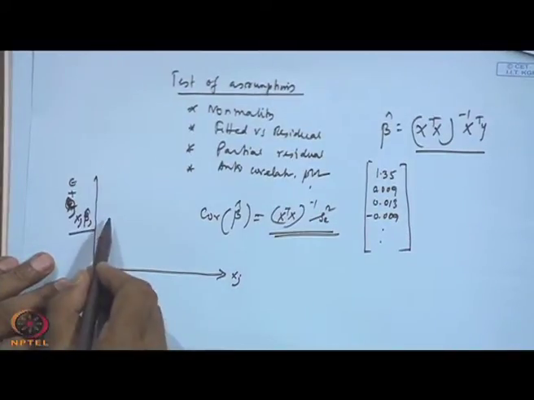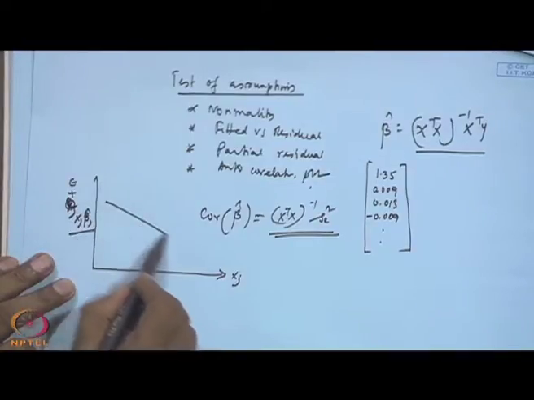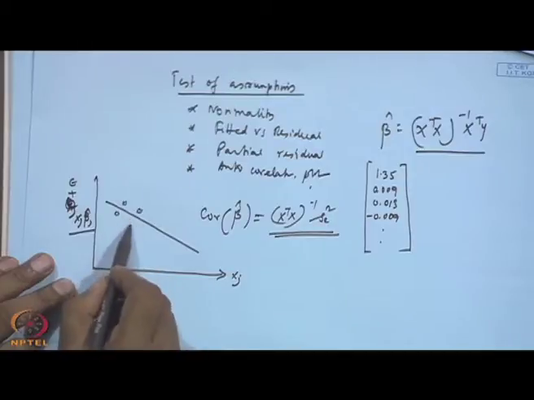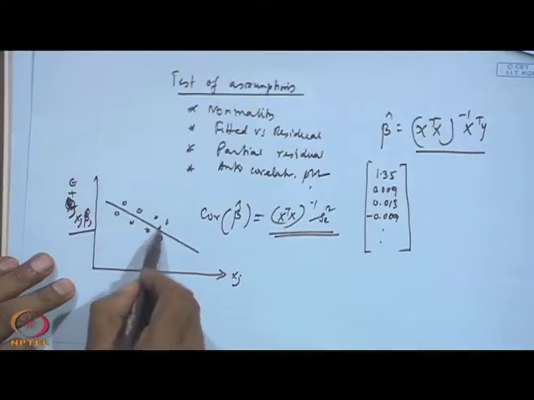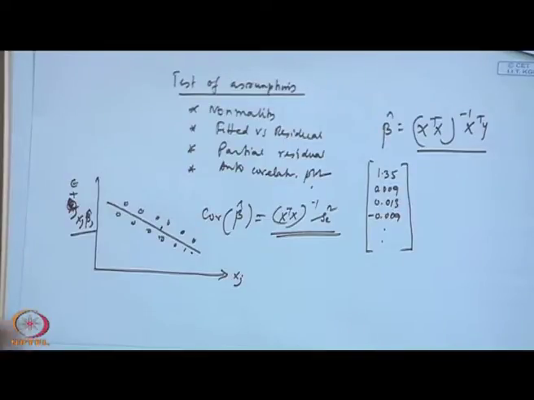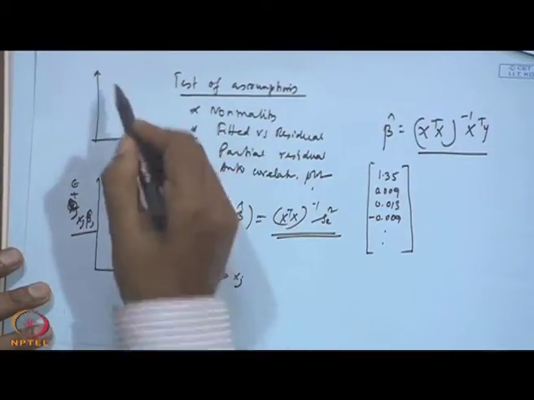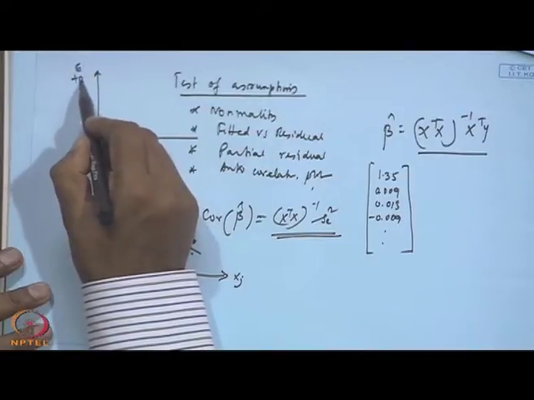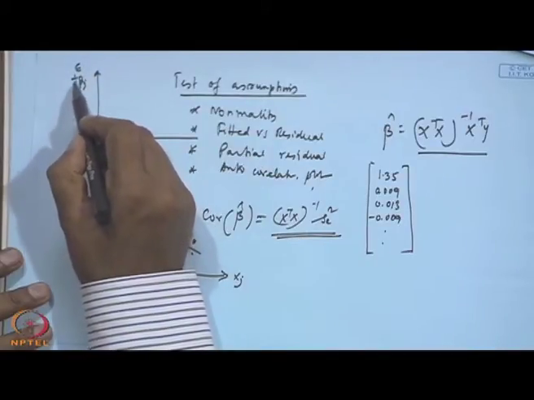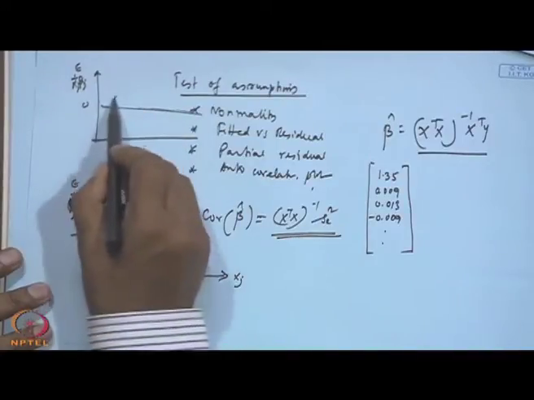As speed has a negative effect, the plot is like this. This is the partial plot. When there is no effect, you will find it like this. Suppose there is one variable, epsilon plus beta j xj, then the mean will be 0, and it will be like this.